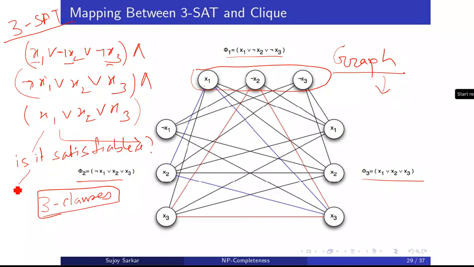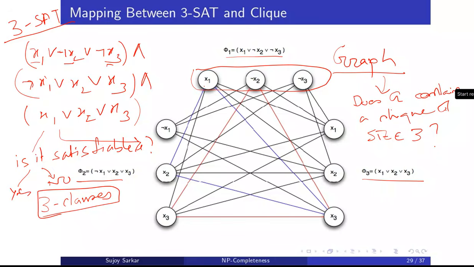The answer can be yes, or no. Now in the graph, the question will be, does the graph contain a clique of size 3?